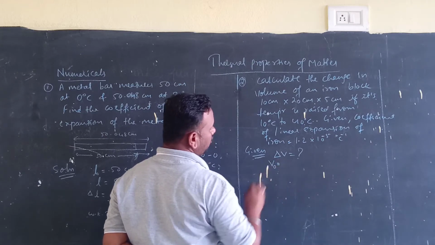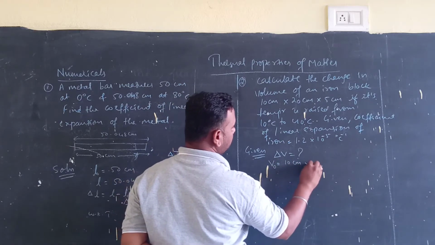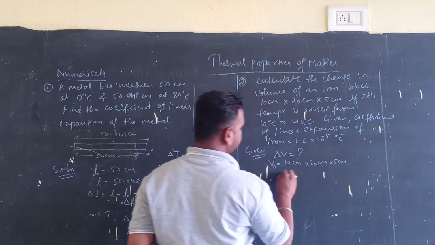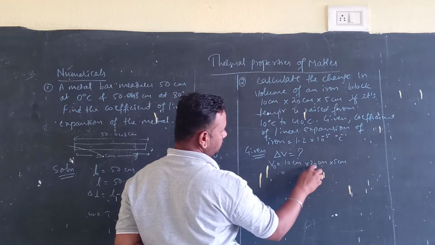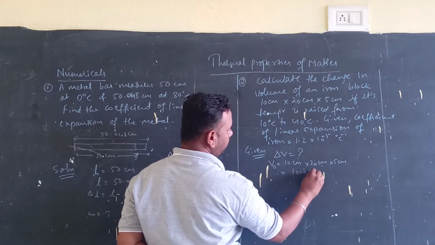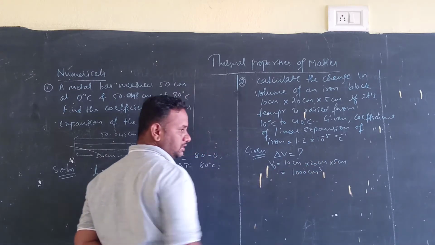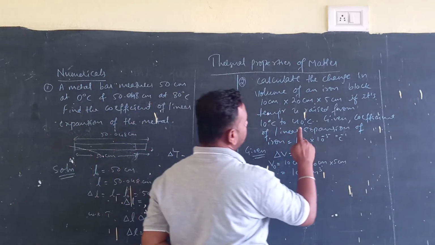The initial volume is 10 centimeter into 20 centimeter into 5 centimeter. So 2 5s are 10, and these two zeros, it is 1000 cubic centimeter.